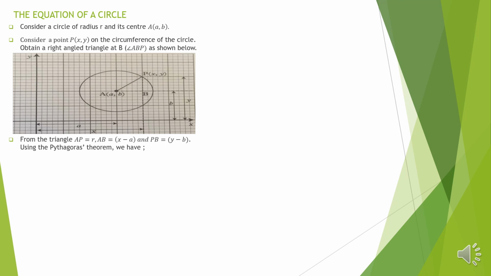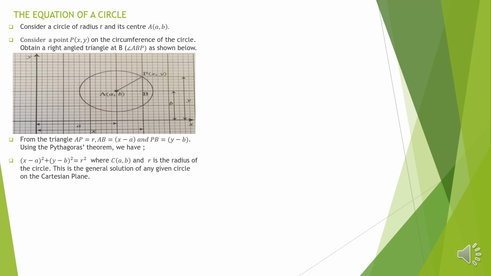Now from the triangle, as I've said, AP equals r, AB equals x minus a, and PB equals y minus b. Now using the Pythagoras theorem, we therefore have (x minus a) squared plus (y minus b) squared equals r squared, where now a and b are the center of that particular circle and r is the radius of the circle.